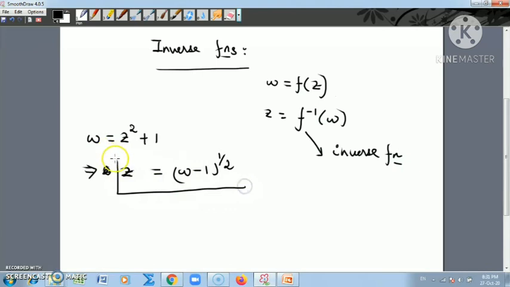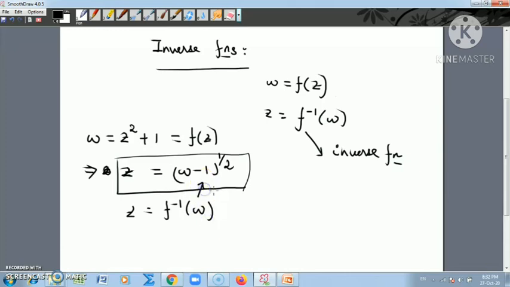So can I not say it is a function? So if I write that w is equal to z square plus 1, is equal to f(z), so I can call z is equal to f inverse of w is this function. So this is what is inverse function, and these things are not unknown to us. We are just relearning these things.